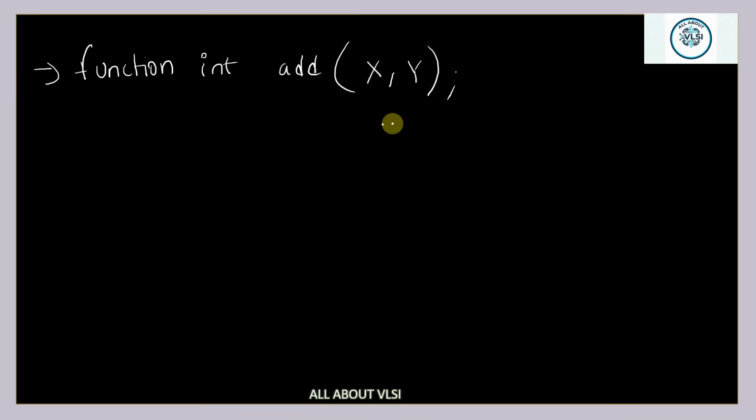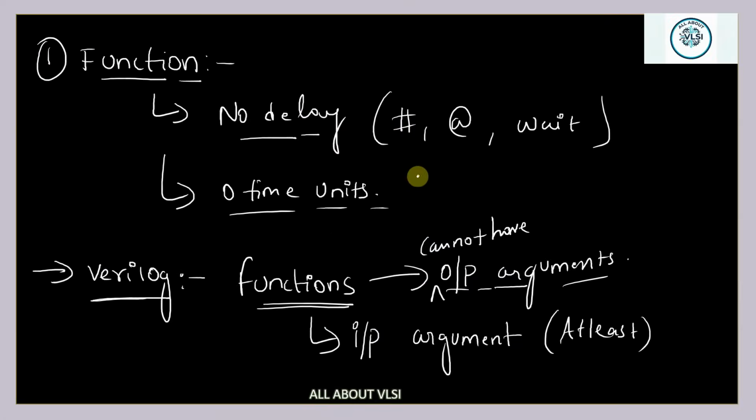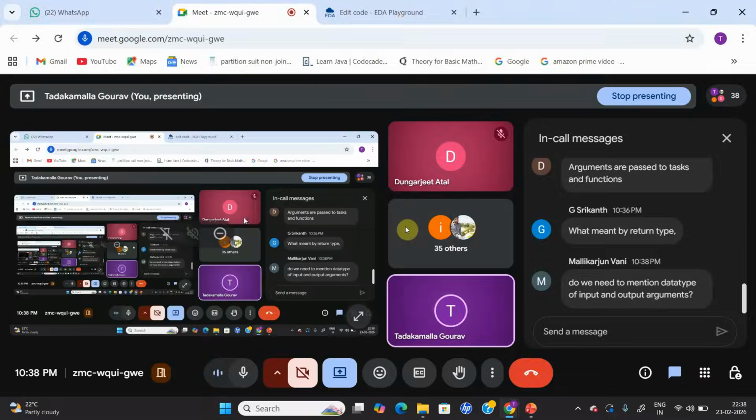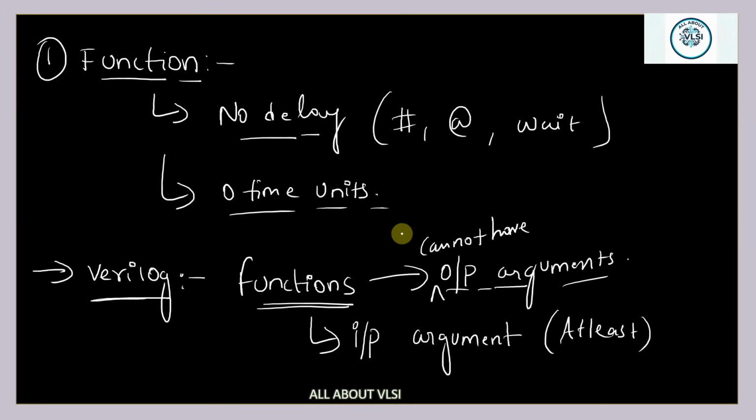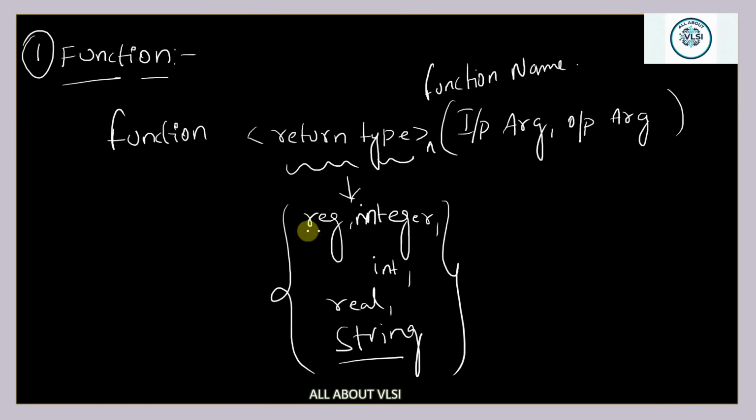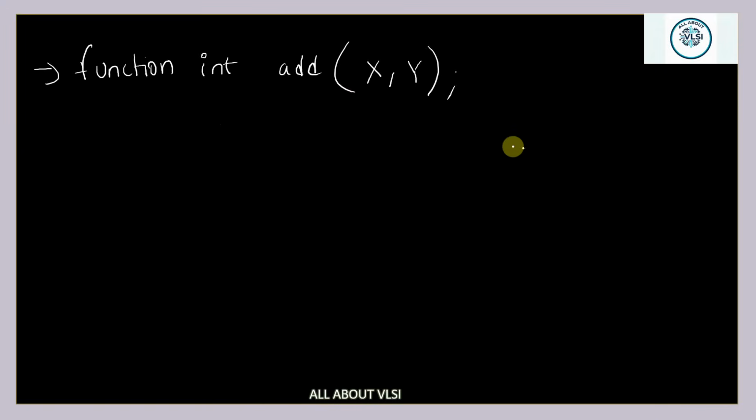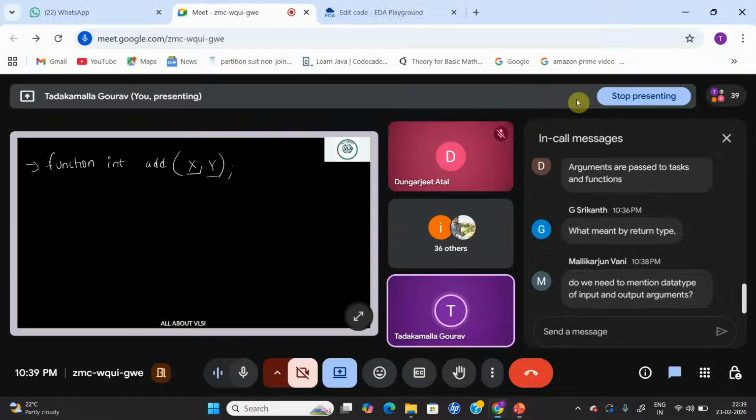Here I have mentioned some input arguments and output arguments, and we haven't started with that particular discussion. In this particular example, I've just declared the arguments without any direction. I can have arguments without any direction. First, let us focus upon declaring your arguments without any direction at all.